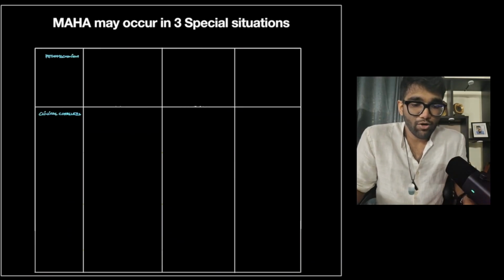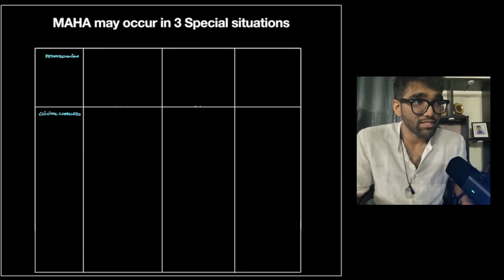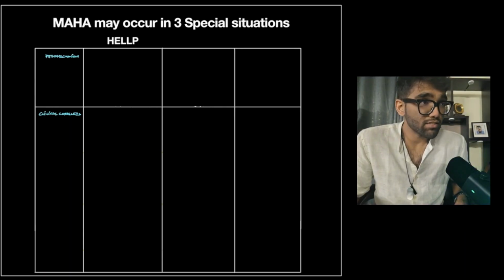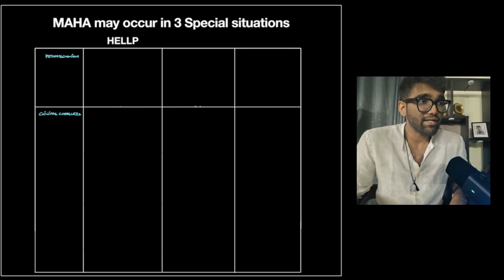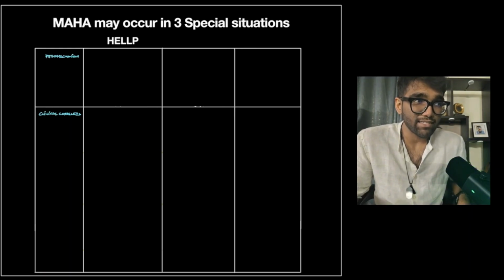Okay. Now, there are three specific clinical situations in which you get microangiopathic hemolytic anemia, and I don't typically deal with these situations, but they are important to know about. Okay, the first is you have patients with HELLP syndrome. HELLP stands for H for hemolysis, EL for elevated liver enzymes, and LP for low platelet counts.